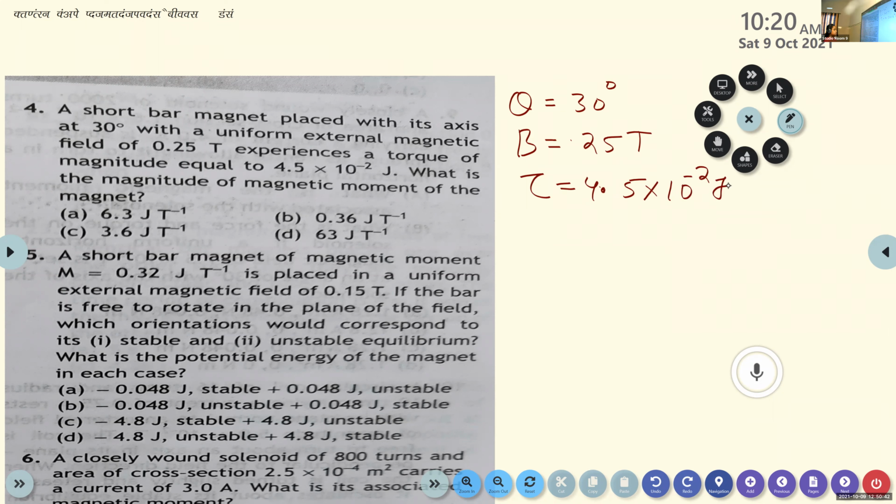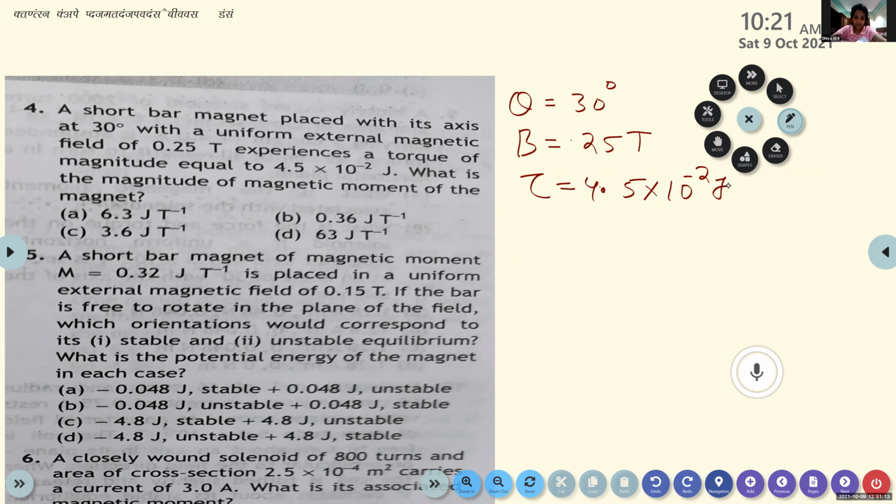What is the magnitude of the magnetic moment? Tau, B, and theta are given. Identify the equation that we can use here to find the magnitude of the magnetic moment. Which equation can we use here in order to find the magnetic moment?